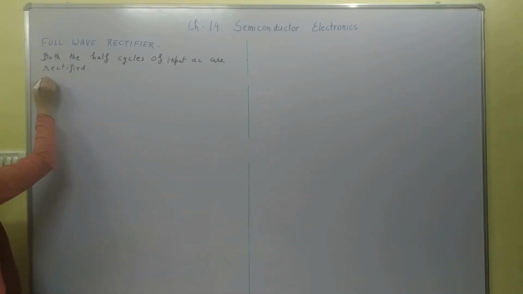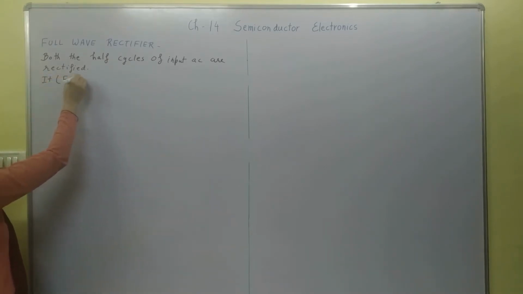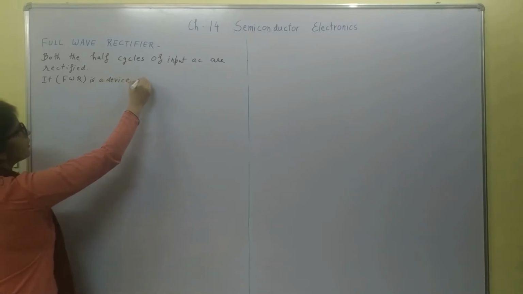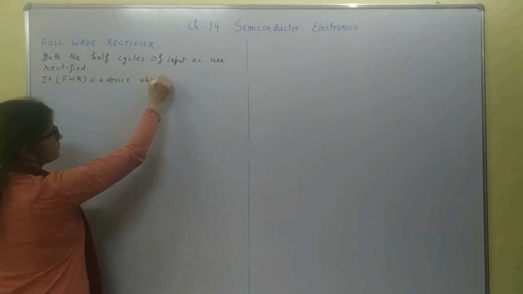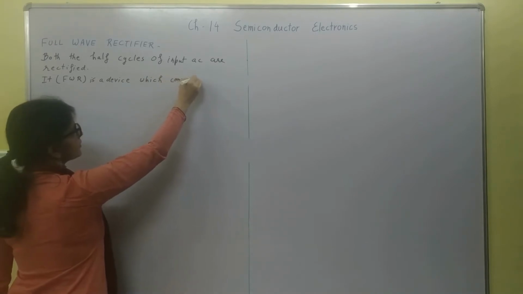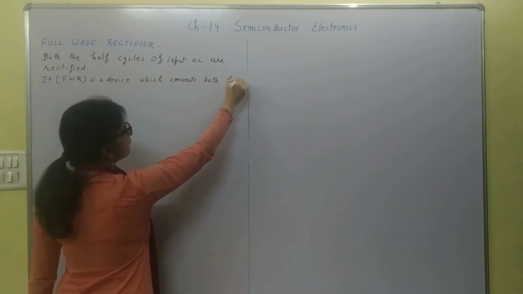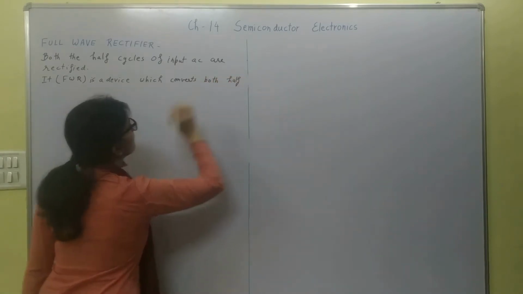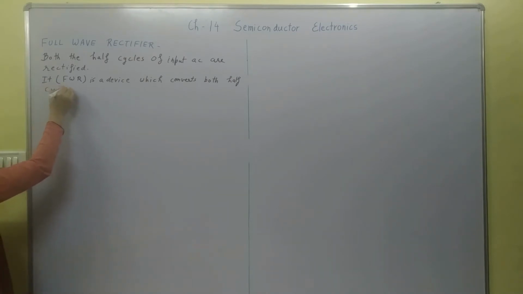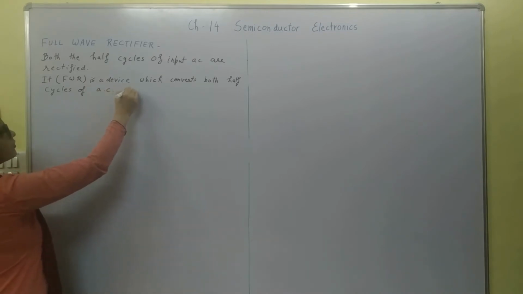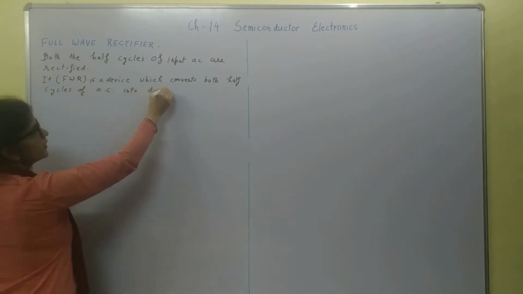So what is a full wave rectifier? It is a device which converts both half cycles of AC into DC.